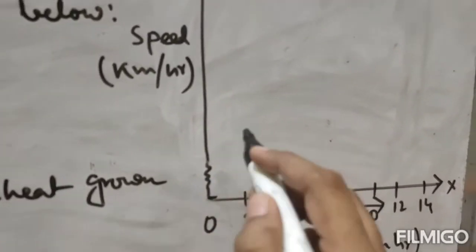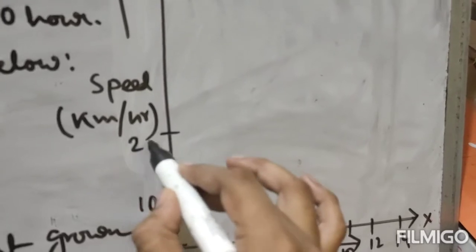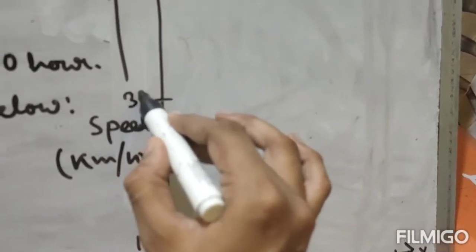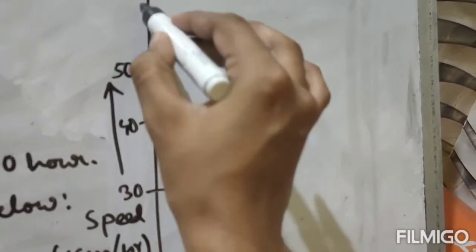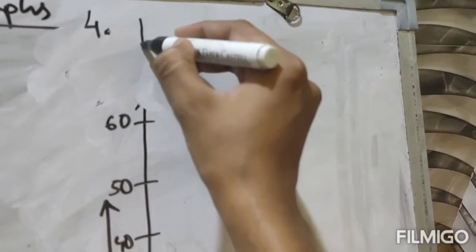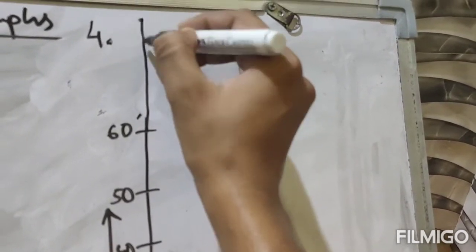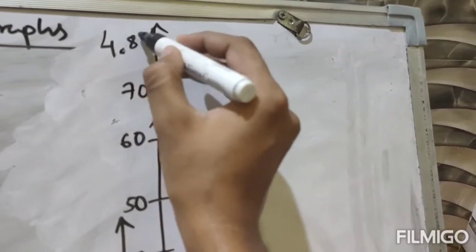Take speed in units of 10: this is 10, 20, 30, 40, 50, 60. Extend the y-axis, this is 70 and this is 80.